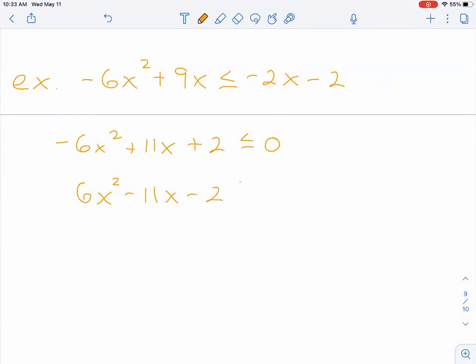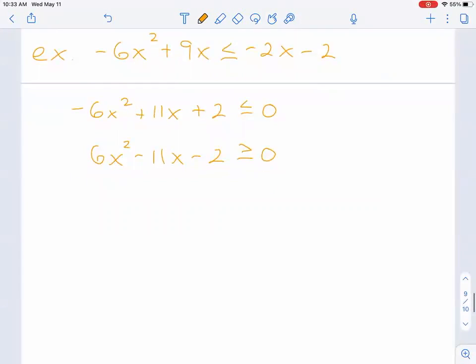But now notice what I am doing with that inequality sign. Remember back in the inequality days when you multiply or divide both sides by a negative, it flips the sign. So I flipped that sign to be greater than or equal to 0. And now I'm going to factor that.